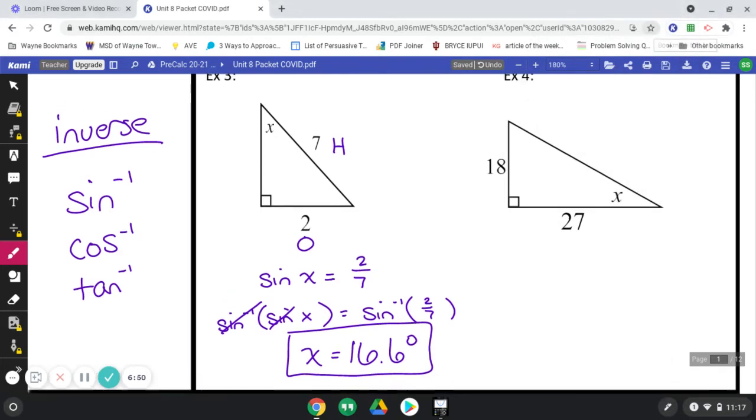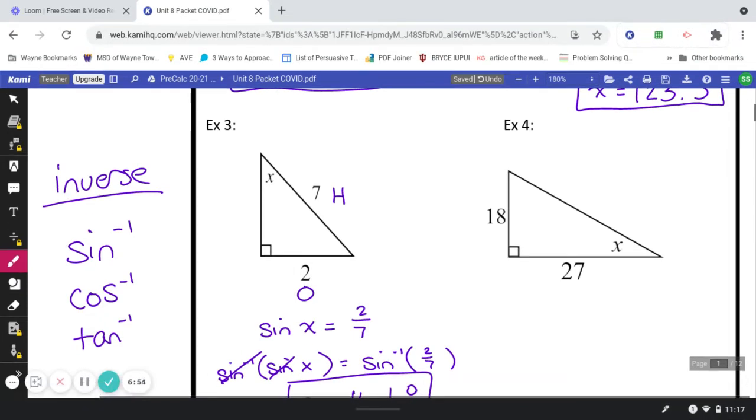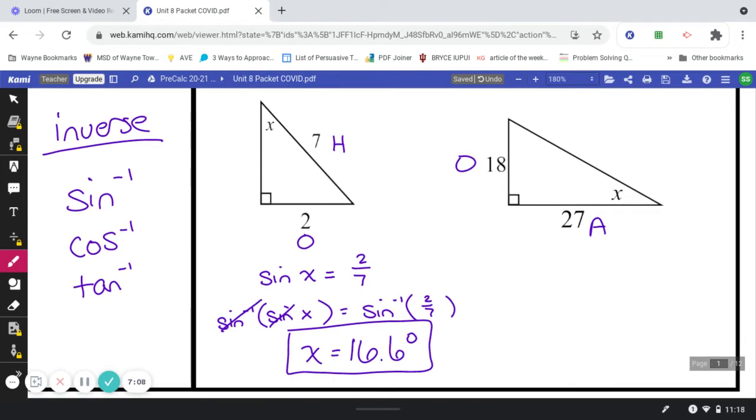All right, example 4. We've got x back in the bottom right-hand corner. So we'll label our opposite as the 18, adjacent as the 27. Which trig function uses O and A? That would be tangent. That's how you know you need to use tangent and not sine or cosine. Opposite over adjacent.